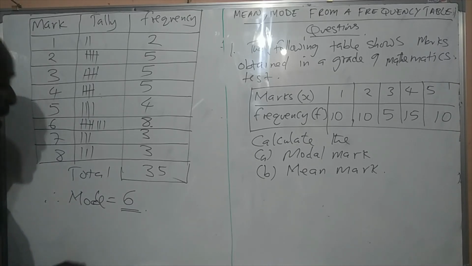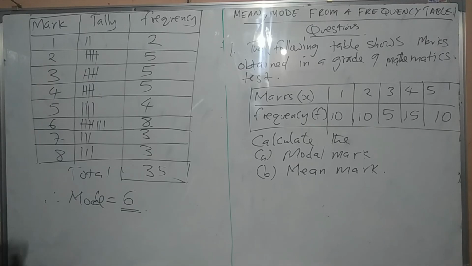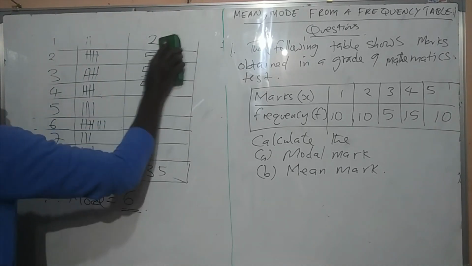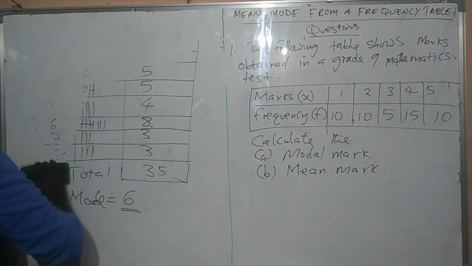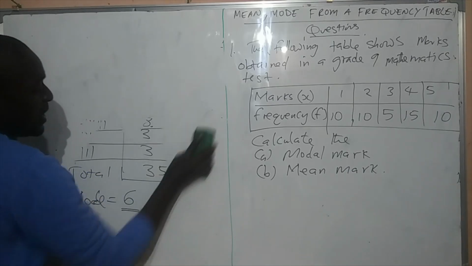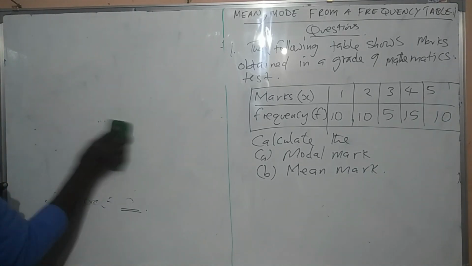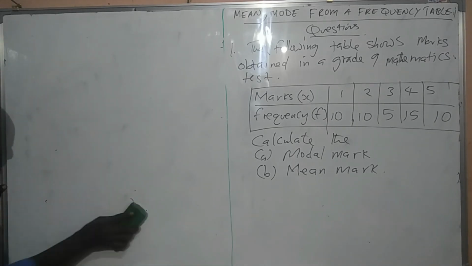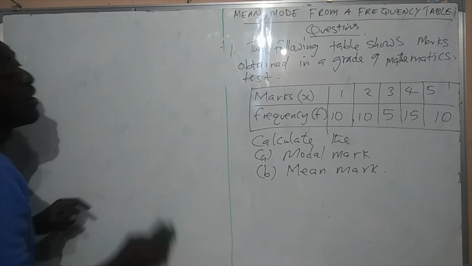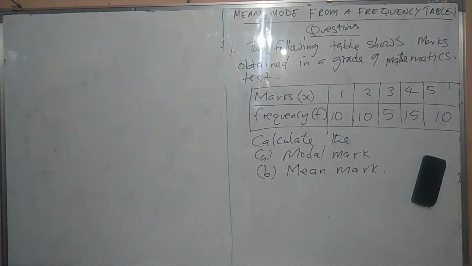I want us to learn how to calculate the mode and the mean from a table like that one. That table is called a frequency table, and the question says calculate the mode and also the mean mark.